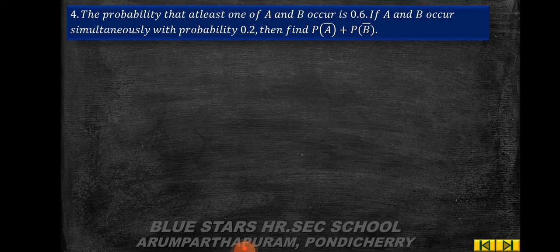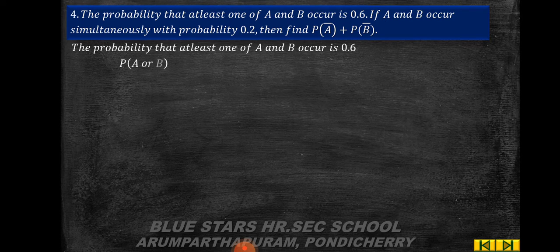Problem number 4. The probability that at least one of A and B occur is 0.6. If A and B occur simultaneously with probability 0.2, then find P of A bar plus P of B bar. The probability that at least one of A and B occur is 0.6.